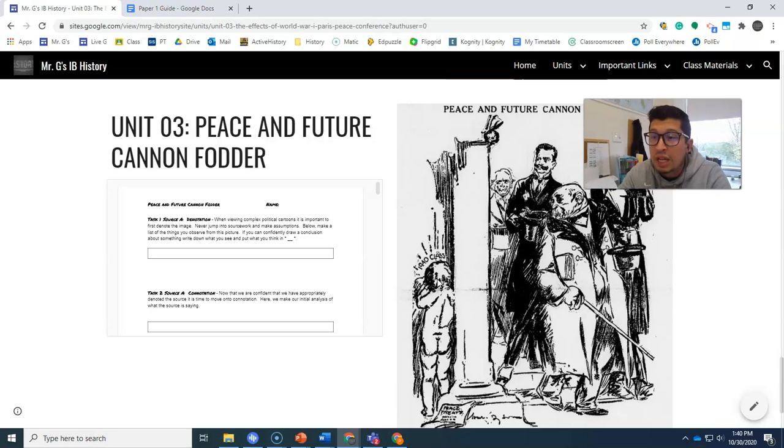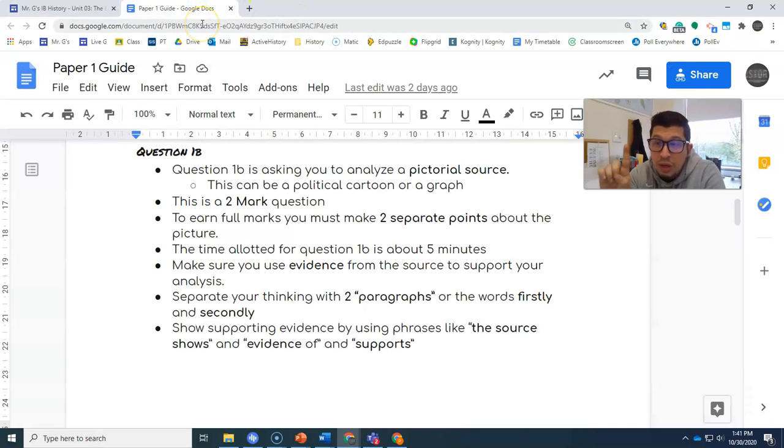For example, they lost a significant amount of land. I talked about one element of this cartoon, broke it down, and mentioned the content to explain why I think that. So the naked baby represents the loss of land for Germany. They were stripped of their land. That would be 1 point.